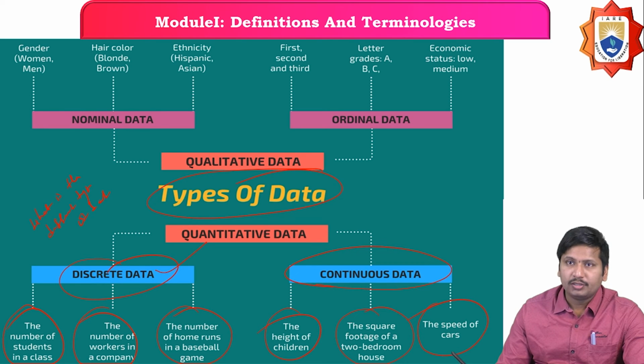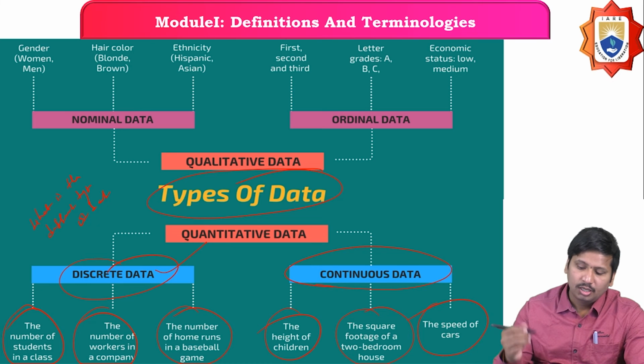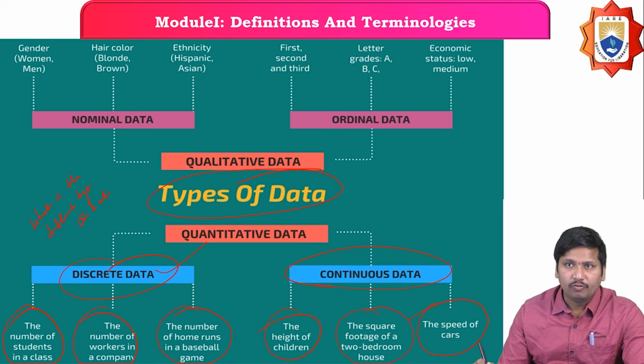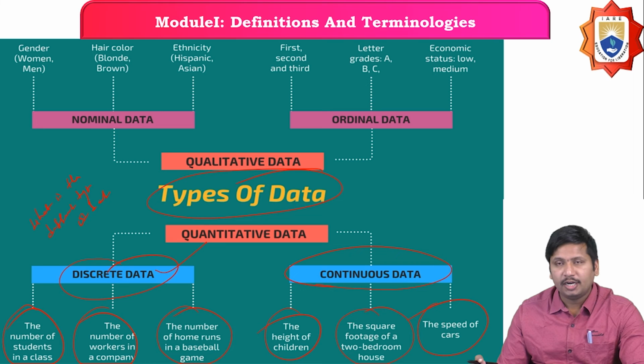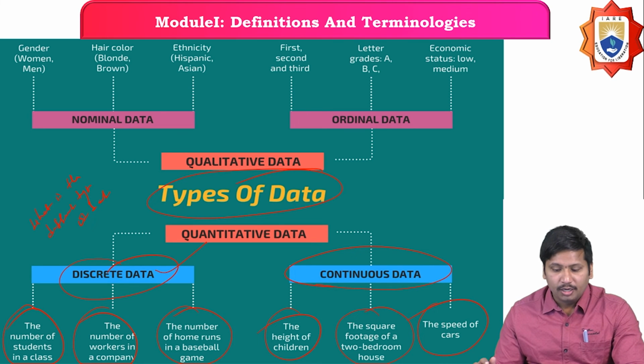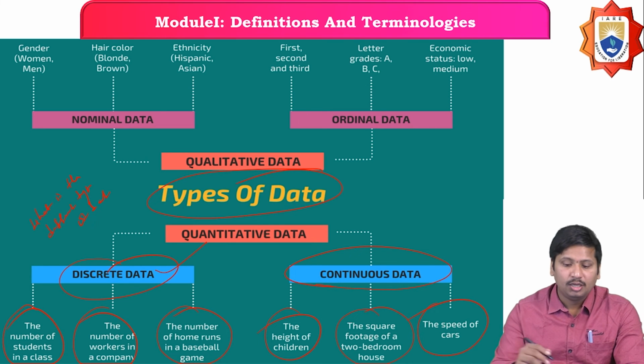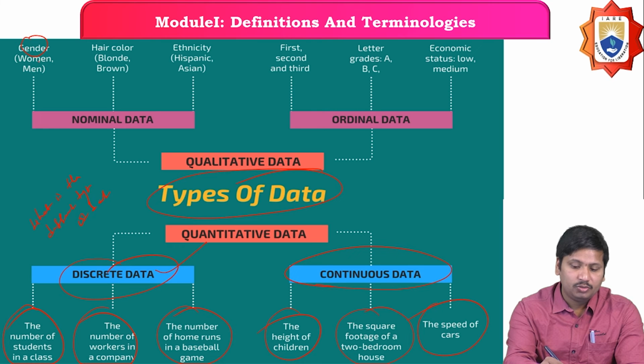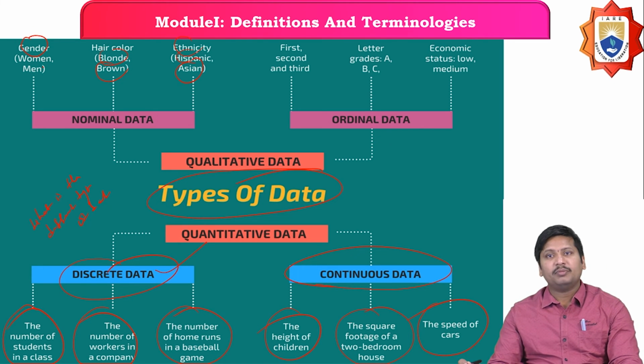And qualitative data, what does it mean? Qualitative data again is of two categories: nominal data and ordinal data. Nominal data means, for example, gender, men or women, hair color, blonde, black, or brown, and ethnicity, Hispanic, Asian, like this. This kind of data comes under nominal.